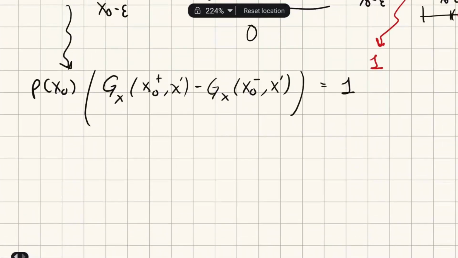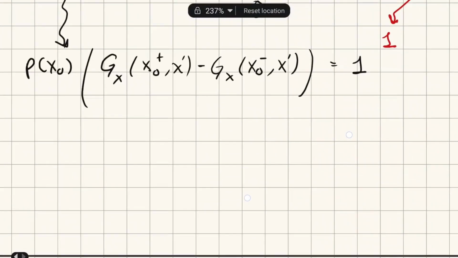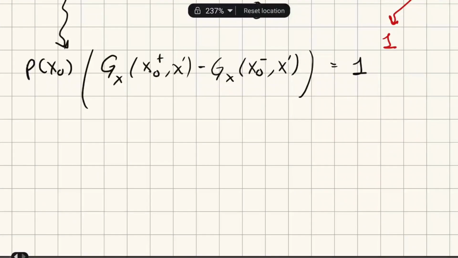So this is immediately telling us that the derivatives from the right and from the left are not equal. When the derivative, in this case the function which is the derivative, is not equal from the left and from the right, that function cannot be continuous.